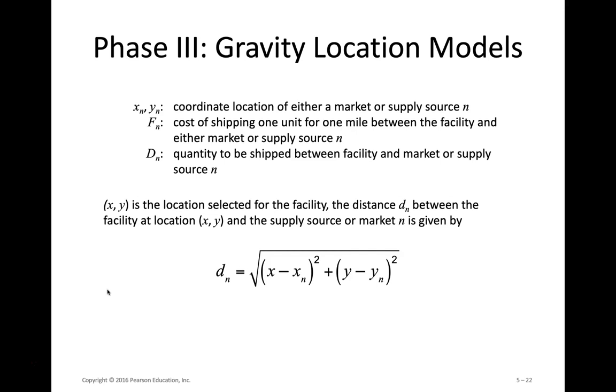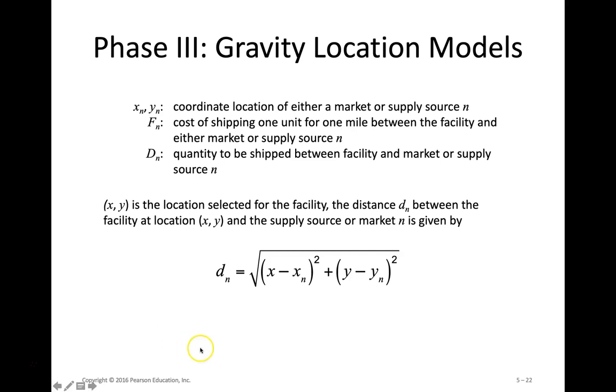Once you have that, we're going to figure out the XY coordinate of the intermediate facility. We do this by finding the distance between the XY coordinate of the warehouse facility and the supply locations, and the distance between it and the demand locations.